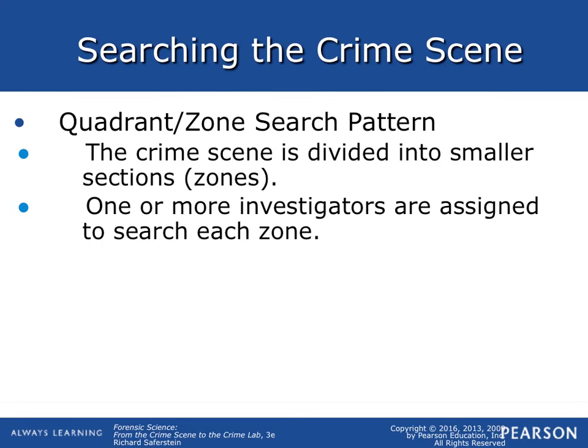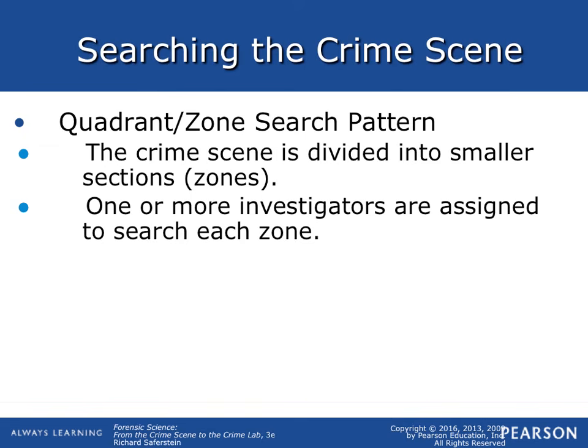And then each zone or quadrant has at least one or more investigators assigned to it. And so this one does require multiple investigators. It can be time consuming depending upon the size of the crime scene, and also depending upon what search pattern is used within each zone, it could be more thorough.